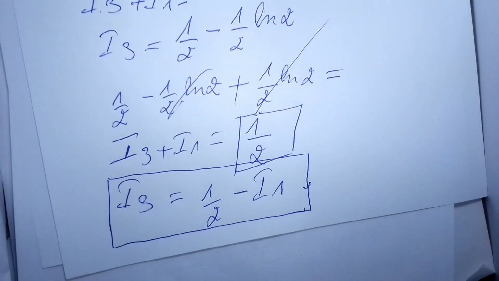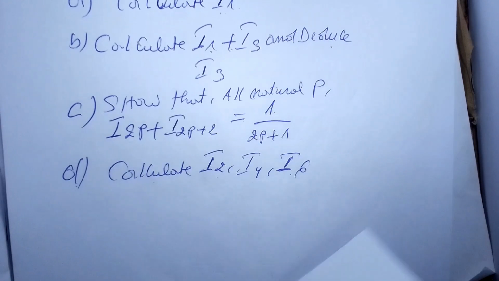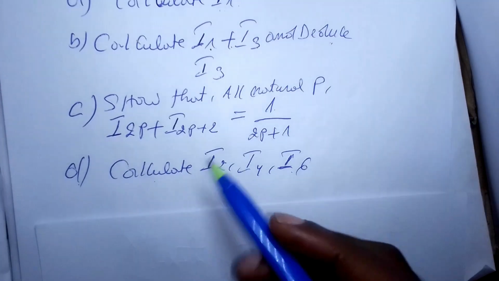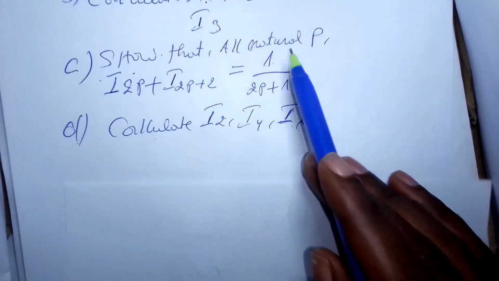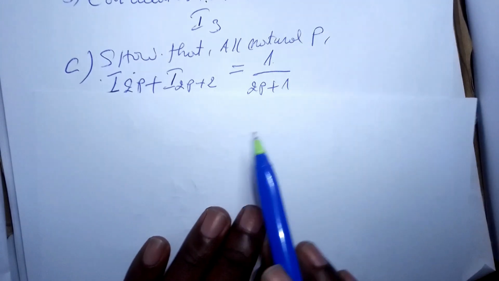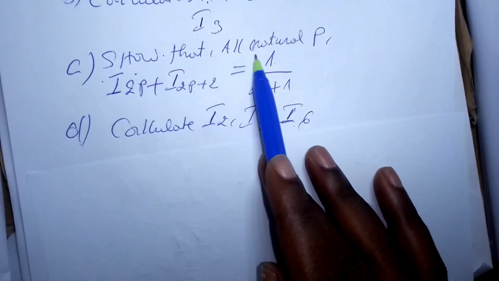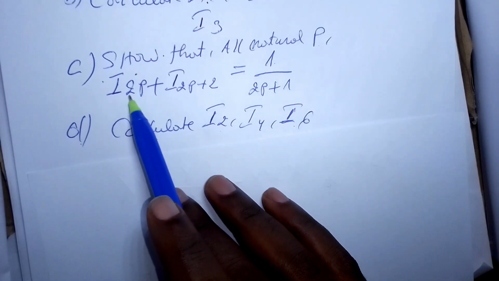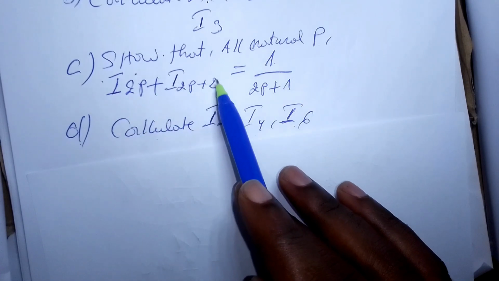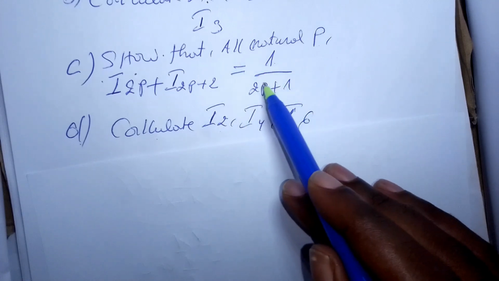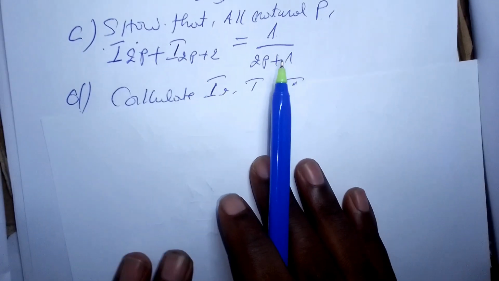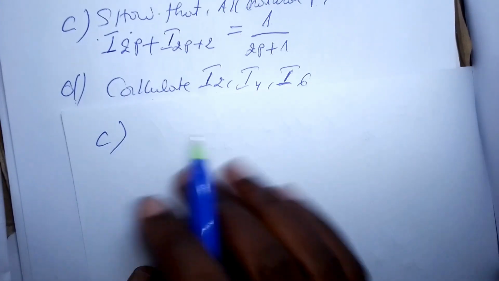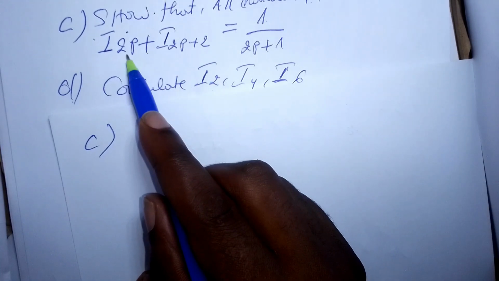Next we look at our equation. Here we reach question C: show that for every natural p, I2p plus I2p plus 2 equals 1 over 2p plus 1. On question C, we plug in this as n.